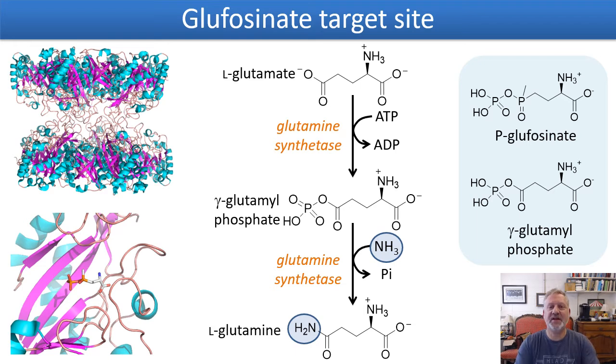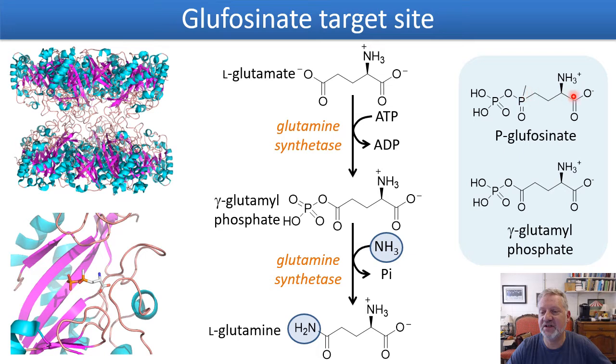So glufosinate inhibits glutamine synthesis, and that's an enzyme called glutamine synthetase, and it's a two-step reaction. It takes glutamate and uses ATP to add a phosphate group to it to make glutamyl phosphate, and then the ammonia is incorporated into the glutamate to make glutamine. So it's a two-step reaction. And what's interesting is that glufosinate is this molecule right here, and in the plant it gets phosphorylated to this.